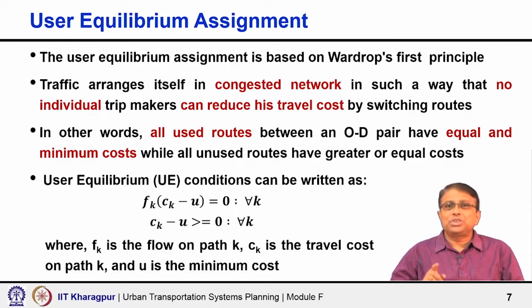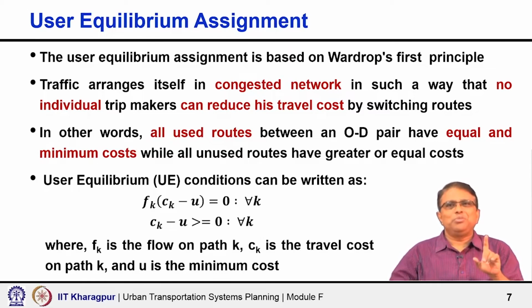But whatever routes they use have equal and minimum cost, and any unused route has either greater or equal cost. If this condition is not satisfied, that will mean there is still another route. By switching to that route, I can still save my time further, then the equilibrium has not been reached.